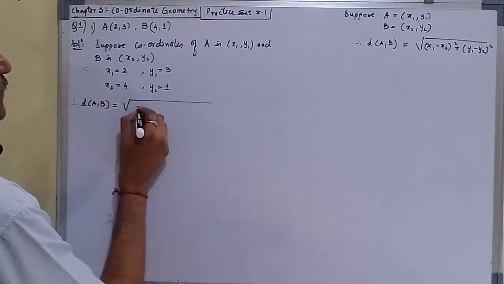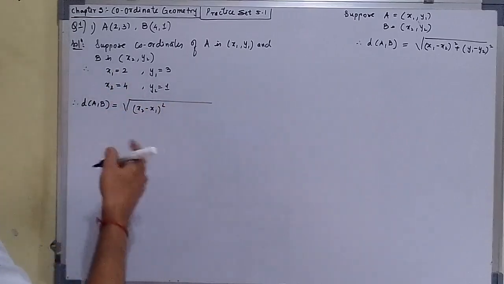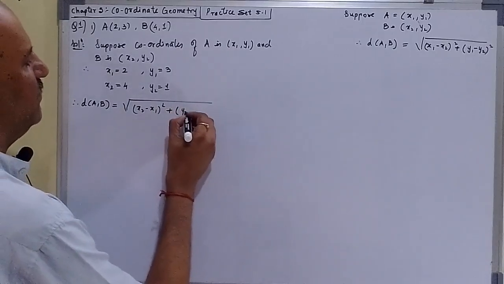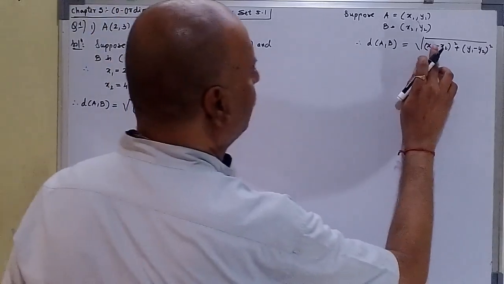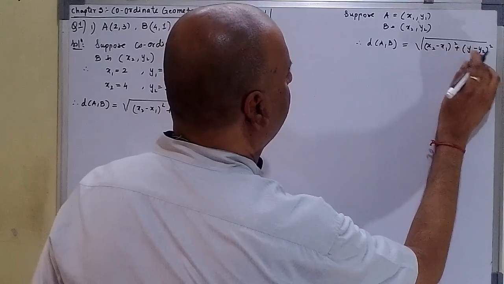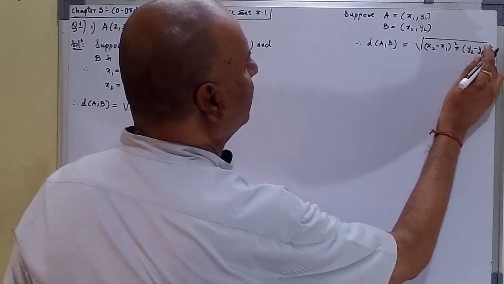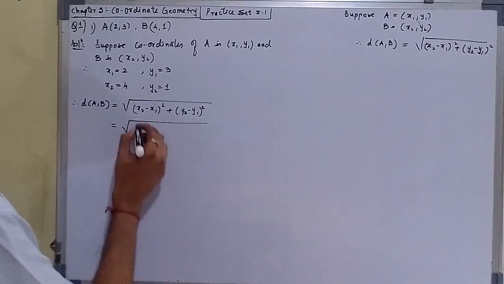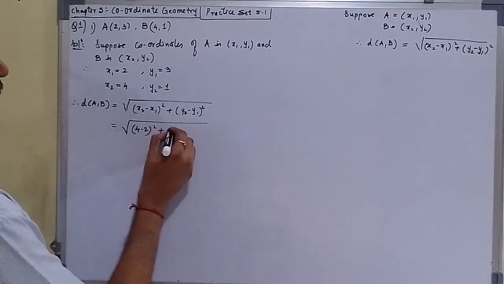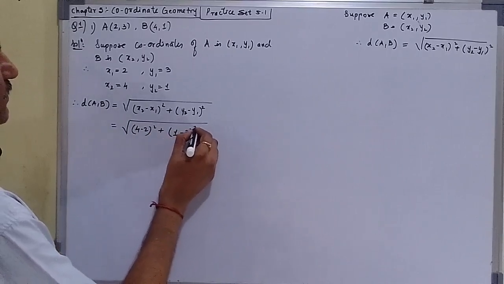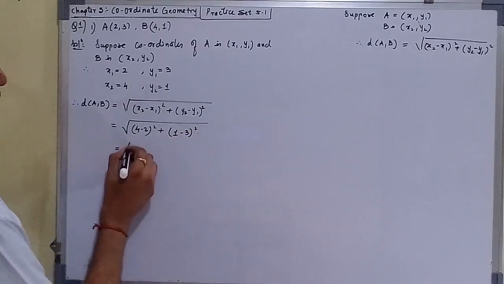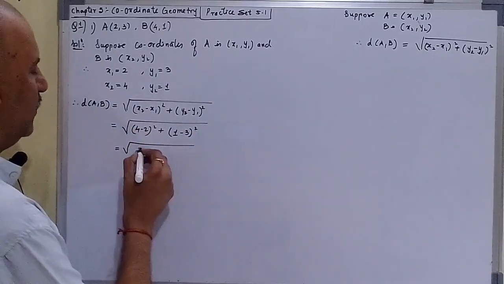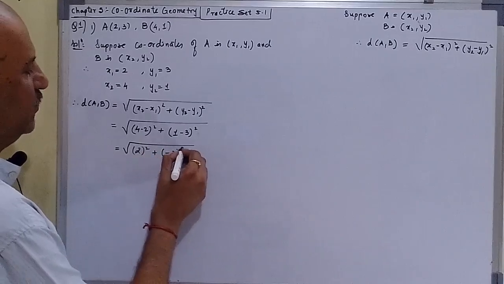Therefore distance AB will be the square root of x2 minus x1, I can take x1 minus x2 also, or x2 minus x1, it is a squared term so it will be positive, it makes no difference, plus y2 minus y1 the whole square. So this is 4 minus 2, 1 minus 3. Look, positive or negative makes no difference, 2 or -2, after squaring it will be positive. -2 the whole square.